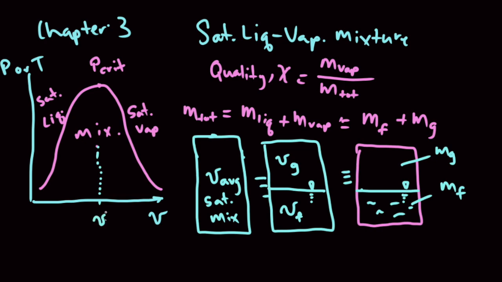We don't typically say V sub average; we just call it V, and we eliminate the subscript. But right now, just to tell you what we're seeking, we're trying to find the specific volume of a mixture given what quality this is. Okay, so let's continue this discussion.